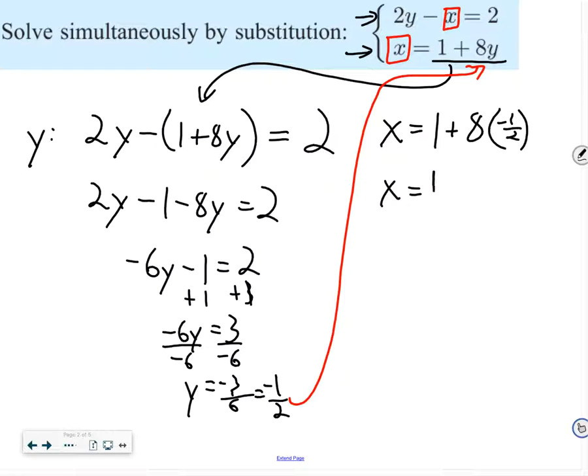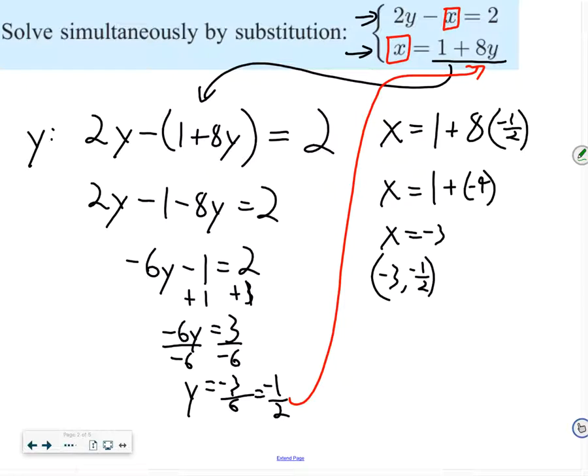X is equal to 1 plus negative 1 half times 8, so 8 divided by 2 is 4, so that's negative 4. Okay, and I get x is equal to 1 plus a negative 4 is negative 3. So my coordinate here is negative 3 is my x, and my y is negative 1 half. So that should be my solution.